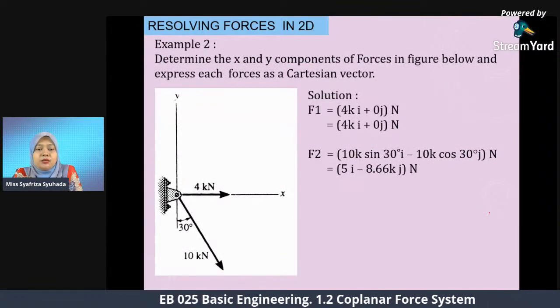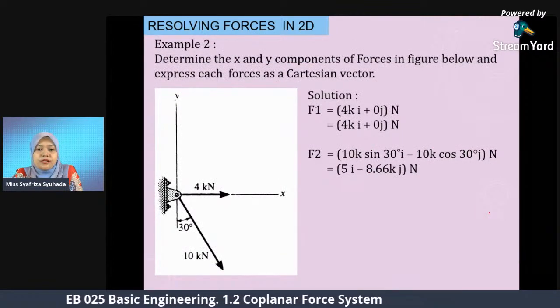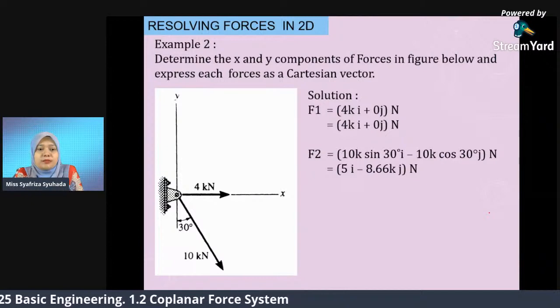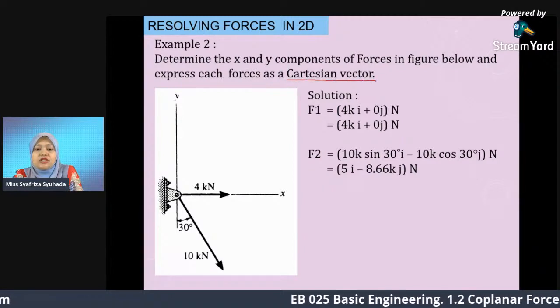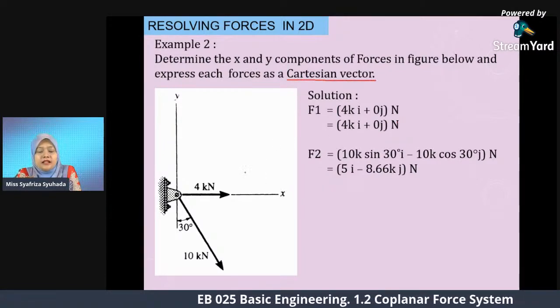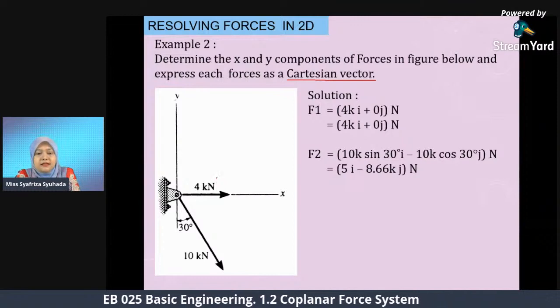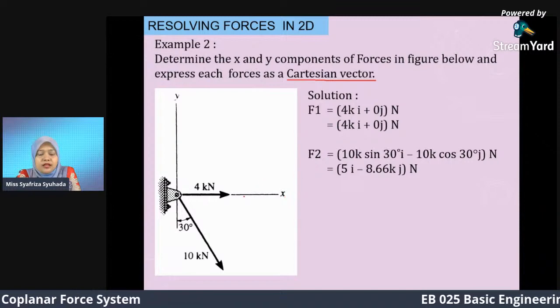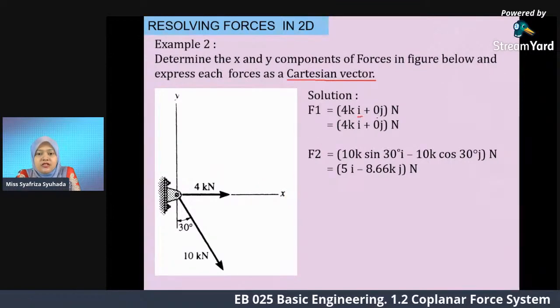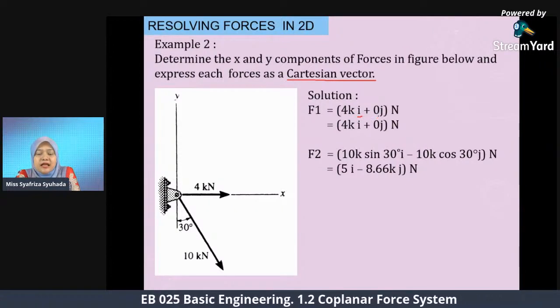Okay, determine the Y and X axis component forces in figure below and express its forces as a Cartesian Vector. Masih lagi disebut dalam bentuk Cartesian Vector. Dan kita tengok example number 1, 4 kN betul-betul di atas X-axis. Okay, so bermaksud dalam kes this one hanya I mempunyai nilai. J pula tidak mempunyai nilai.